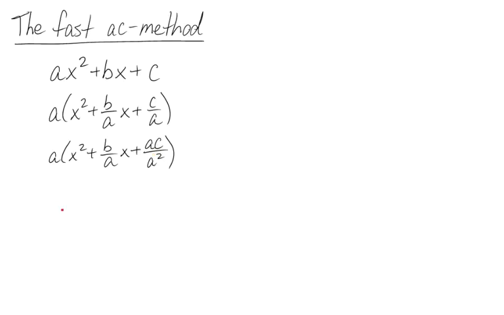So here's what we're going to do. I'm going to choose two numbers, I'll go with y and z. We're going to find two numbers such that y plus z is b, and y times z is ac.